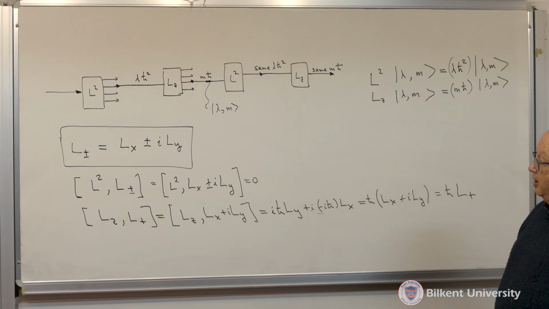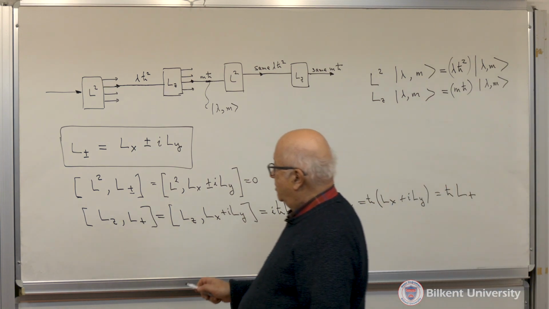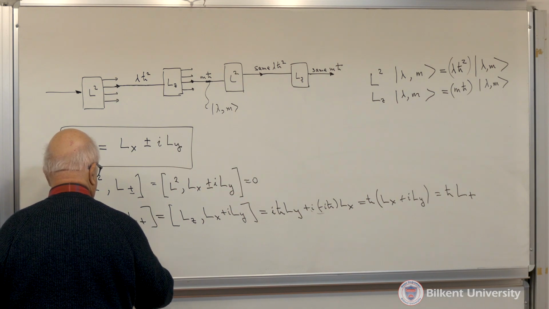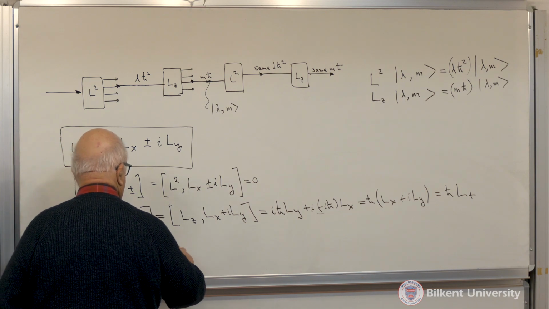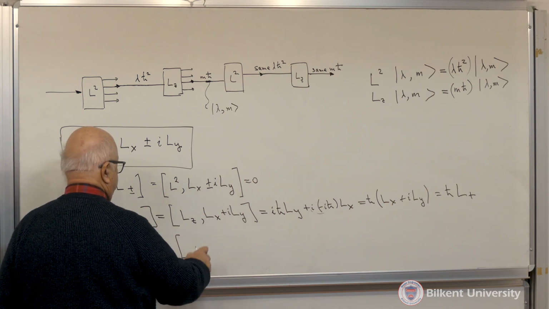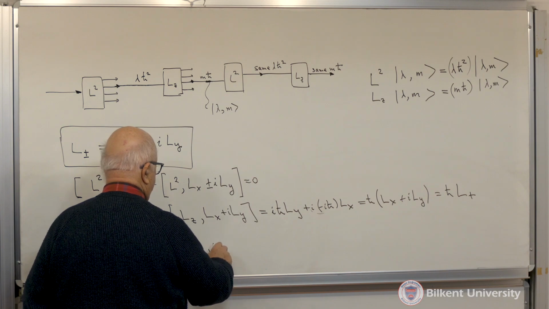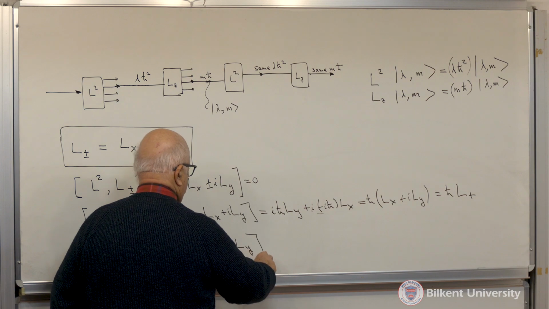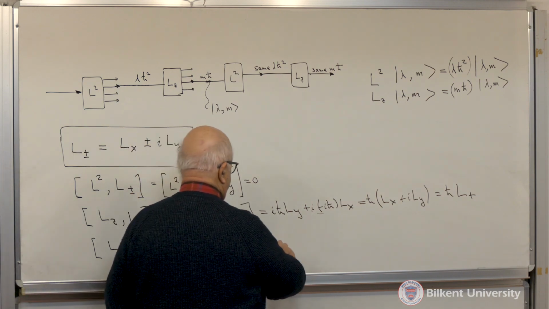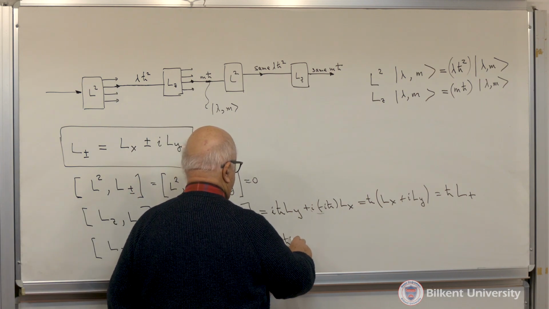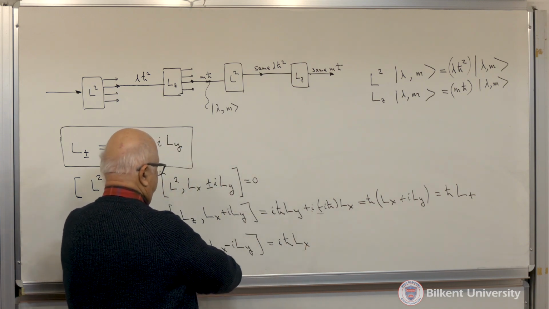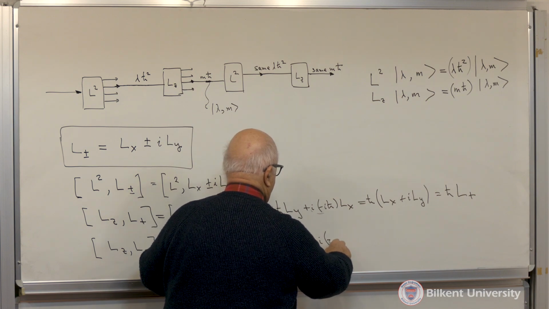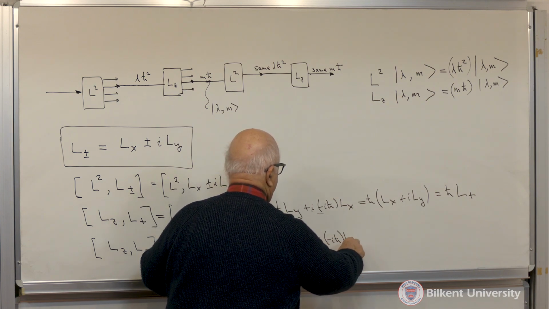Let's now play around with L minus. Lz with L minus. Almost the same thing, apart from a simple sign change. Lz with Lx minus I Ly. So almost everything will be the same. I H bar Ly for the first commutator. Then minus I H bar Lx.